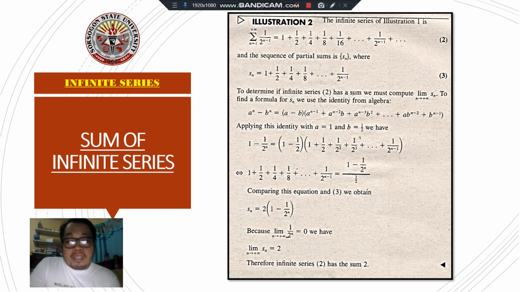Now, applying such identity with a equals 1 and b equals 1 half, we have 1 minus 1 over 2 raised to n.